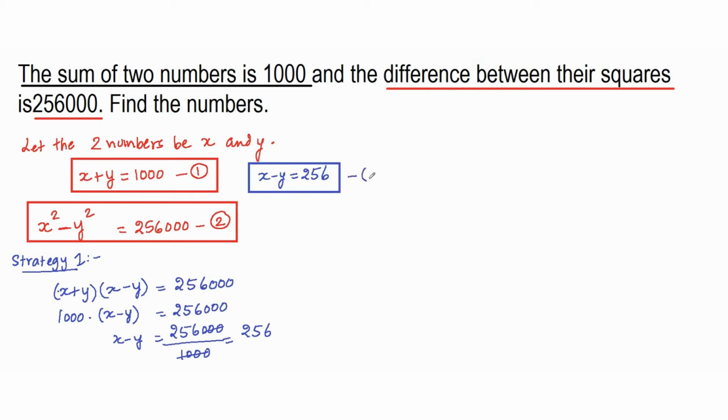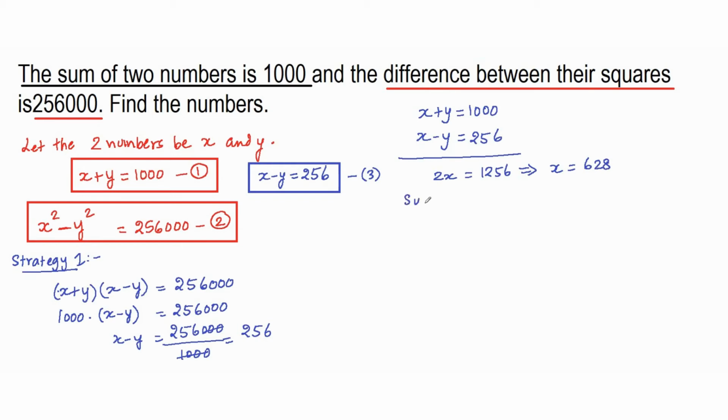So therefore, what I can now do is, I can take up equations 1 and 3 and solve for x and y. So I have x plus y is equal to 1000 and x minus y is equal to 256. So if I add these two equations, I get 2x is equal to 1256, which means x is equal to 628.